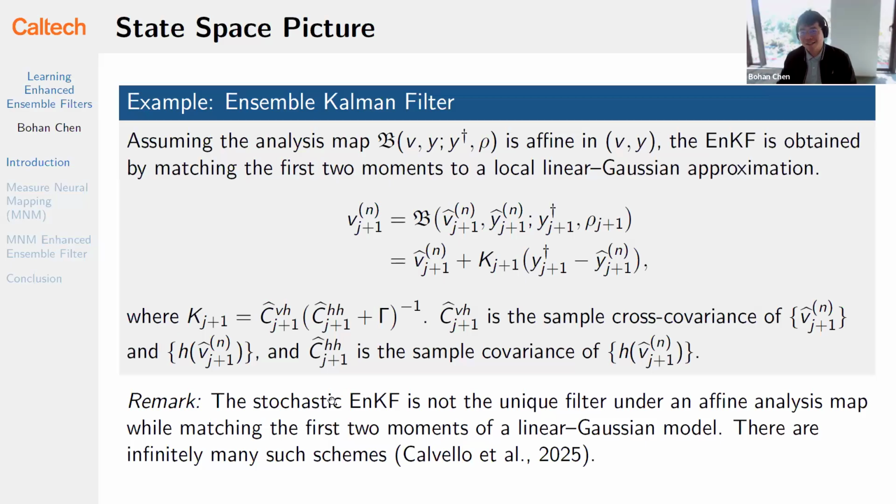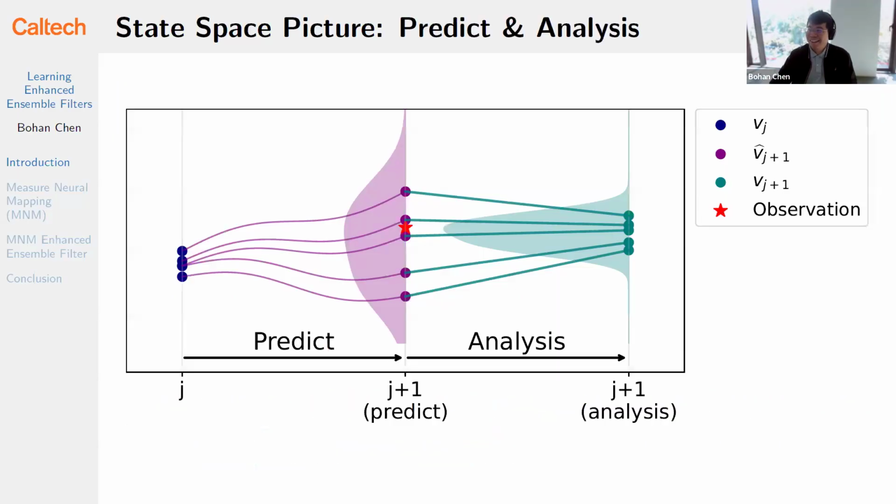And some of them are very interesting schemes, like the square root filter or the ensemble transform Kalman filter. That means by analyzing this affine mean field map and considering the moment matching, we can find some other schemes. Some of them might be better than EnKF. And yeah, people publish papers by analyzing this.